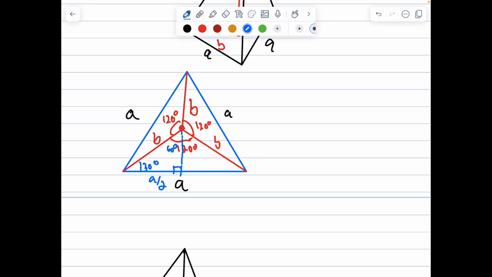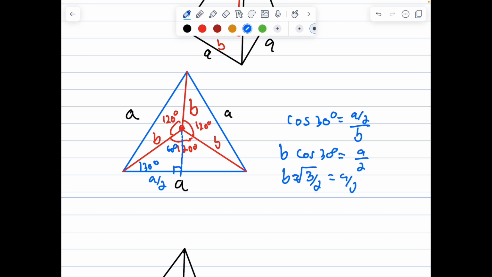If you were to take the cosine of 30 degrees, that would be a over 2 over b, or b cosine 30 equals a over 2, and the cosine of 30 degrees is root 3 over 2, so I'm going to replace that there. So if you solve for b, b would equal a over root 3. So I'll let you pause and take a look at that.